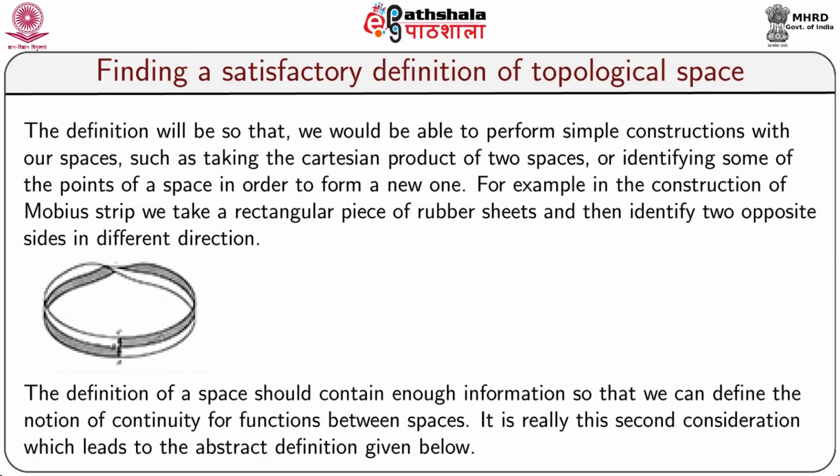Let us consider a very beautiful example of topological spaces, which is called the Mobius strip. One beautiful example of a geometric object is the Mobius strip, which you have seen in the last slide. What do we do to construct a Mobius strip? Let us take a plain piece of rectangular paper, then identify the left side and right side, making the direction opposite.